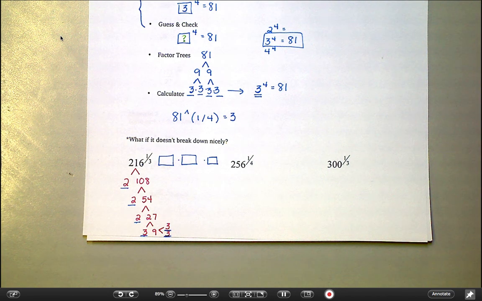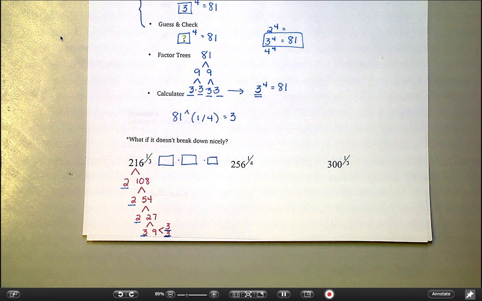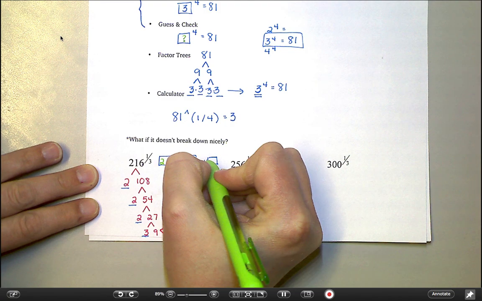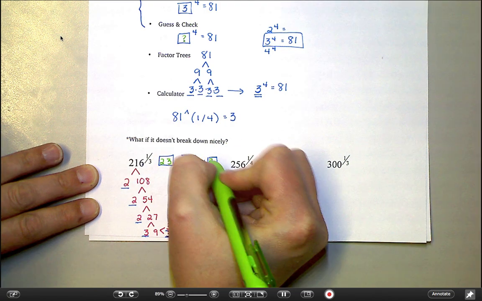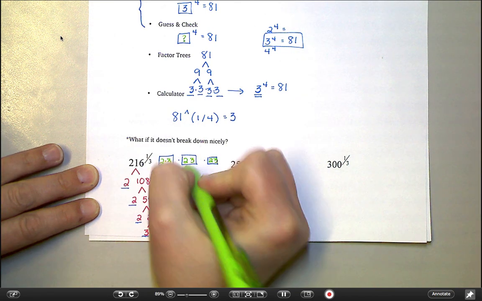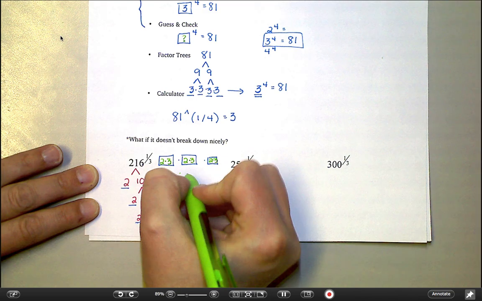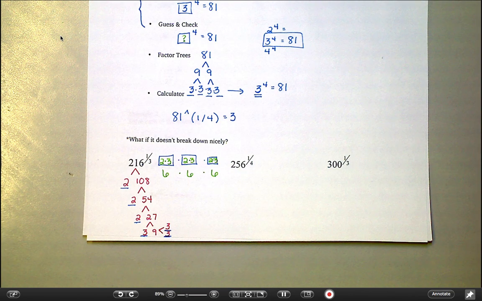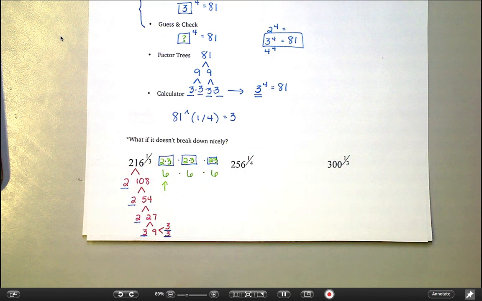And so if I've got 3 2s and 3 3s, I can lay those out in the boxes like this. I can put a 2 in each box, and I can put a 3 in each box. And so now really, I would multiply these back together. What I have is 6 times 6 times 6 must equal 216. Okay? And therefore, the answer to 216 to the 1/3 power is 6.